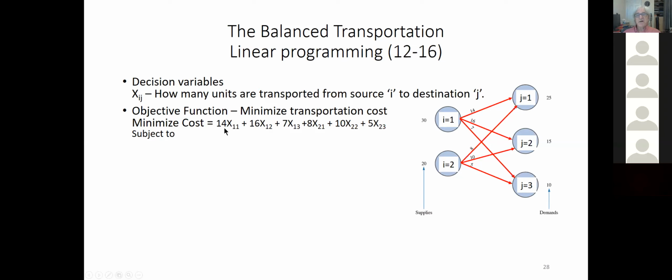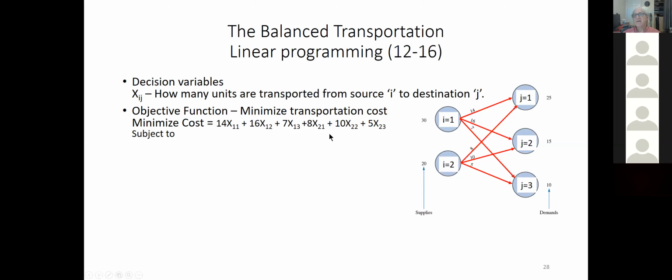Now, the objective function is to minimize total transportation cost. So you'll have $14 here per unit shipped from I1 to J1. It's called X11. Notice I don't say X11, X11. 14 times X11 will be the total shipping cost along the route from 1 to 1.